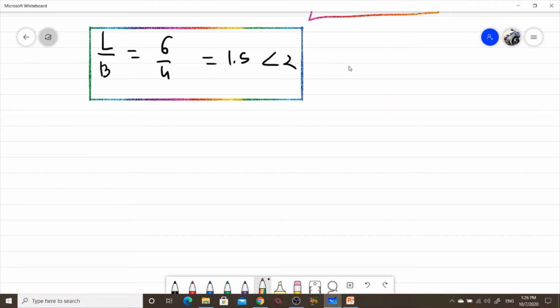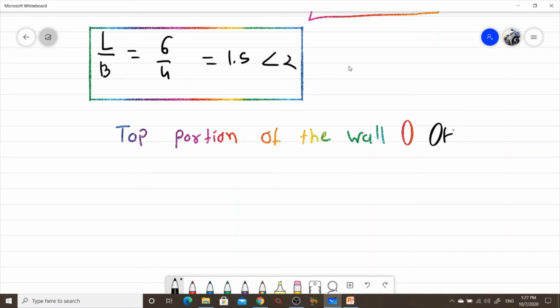By this condition, if 1.5 is less than 2, then the top portion of the wall, capital H minus small h, is designed as a continuous frame.